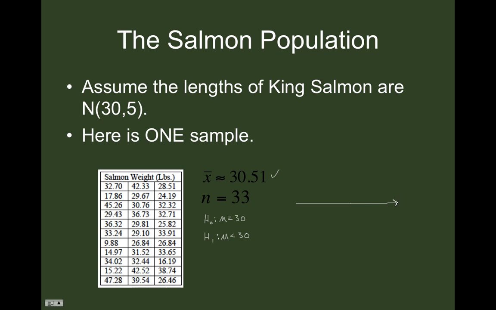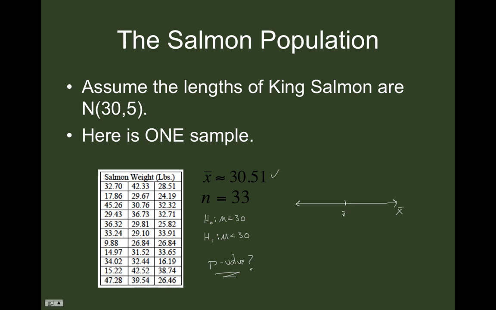Again, one of the things that we're really interested in, like before, is the p-value. This is really my goal, to try to calculate this p-value. Well, the trouble is that now I'm labeling my axis with x bar.